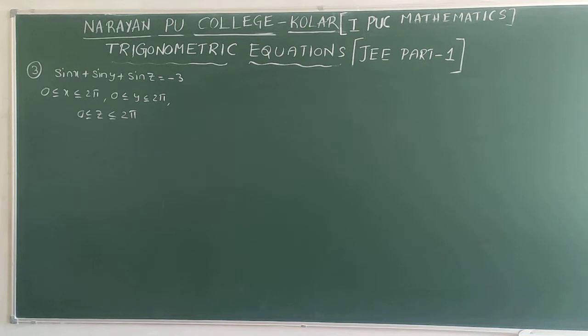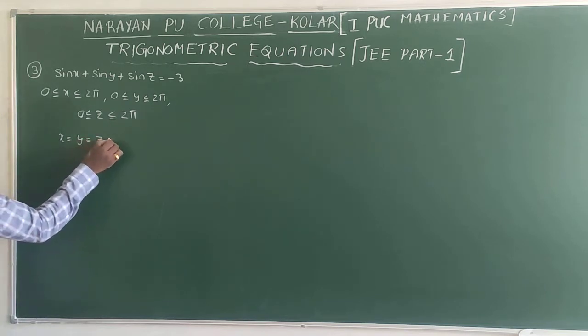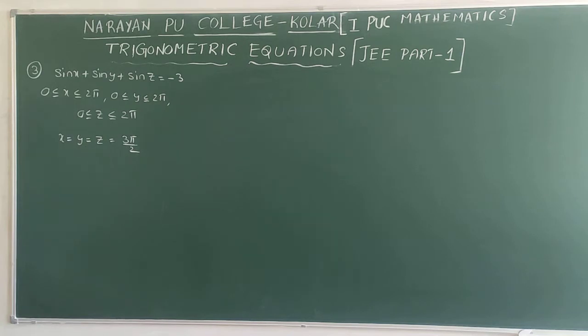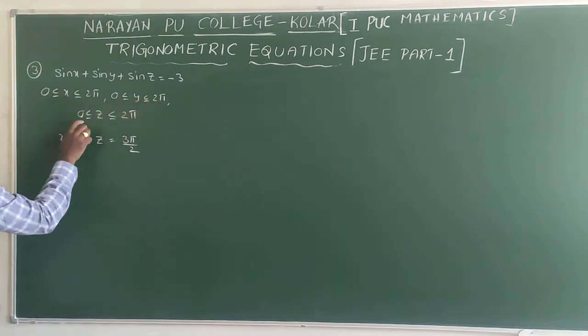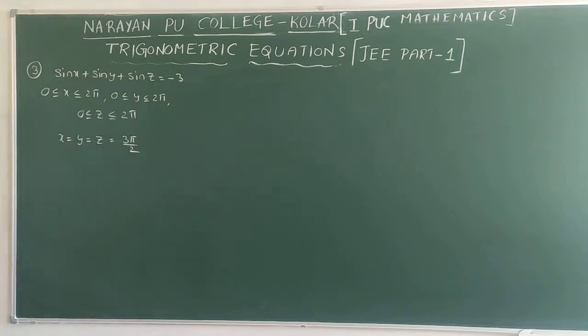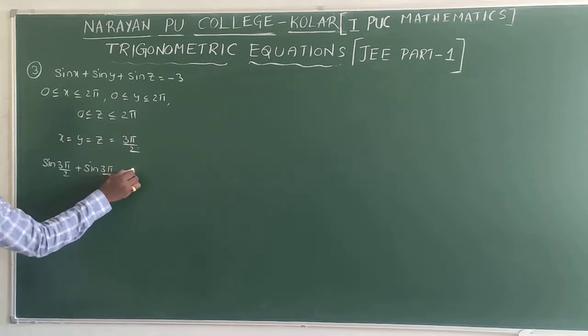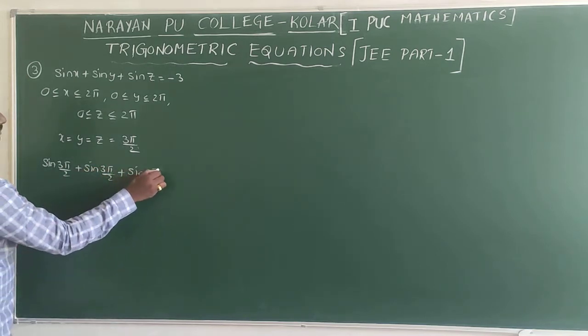See, for this I am taking x equals to y equals to z equals to 3 pi by 2. Okay, because 3 pi by 2 is in 0 to 2 pi, for all three. You can substitute. 3 pi by 2 means 270, sin 270, sin 270, sin 270.